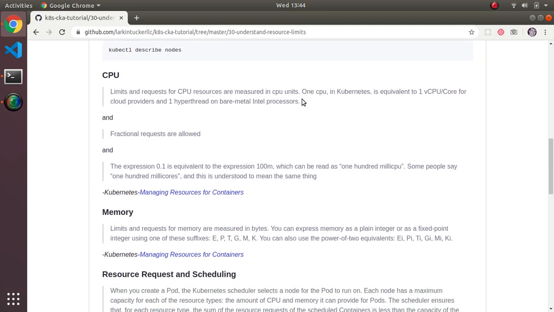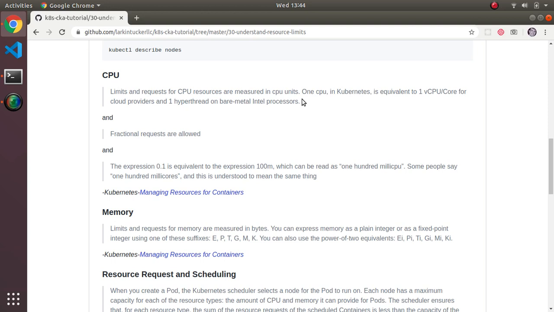So let's talk about what the two constraints are. Again, CPU is measured in CPU units. Basically, a CPU is one processor, right? Think of your computer. The unit is a number, and if you give a number, it just stands for the number of CPUs.